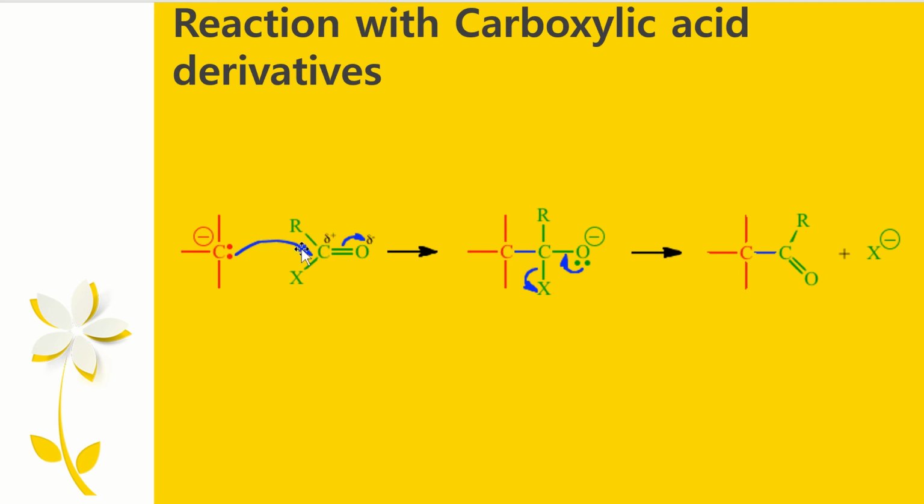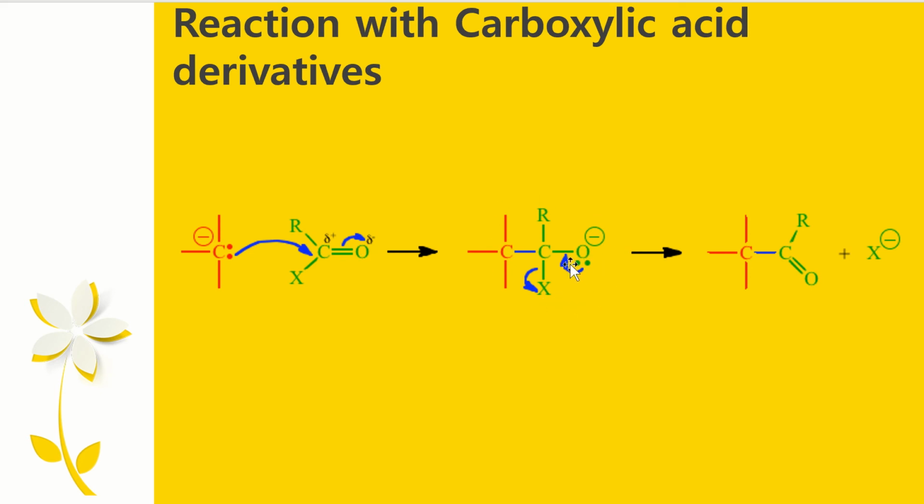So this carbanion will attack our electrophilic center, causing this carbon-oxygen bond to break, and the electrons will now reside on the oxygen as we have seen before.